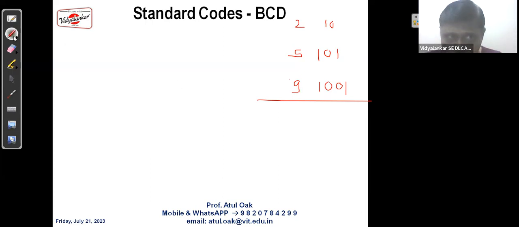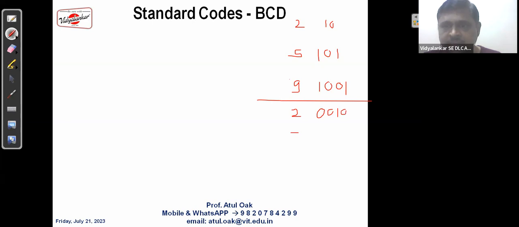Now what we do, if I want to represent 2, I will represent 2 always using 4 bits. Matlab 0, 0, 1, 0.